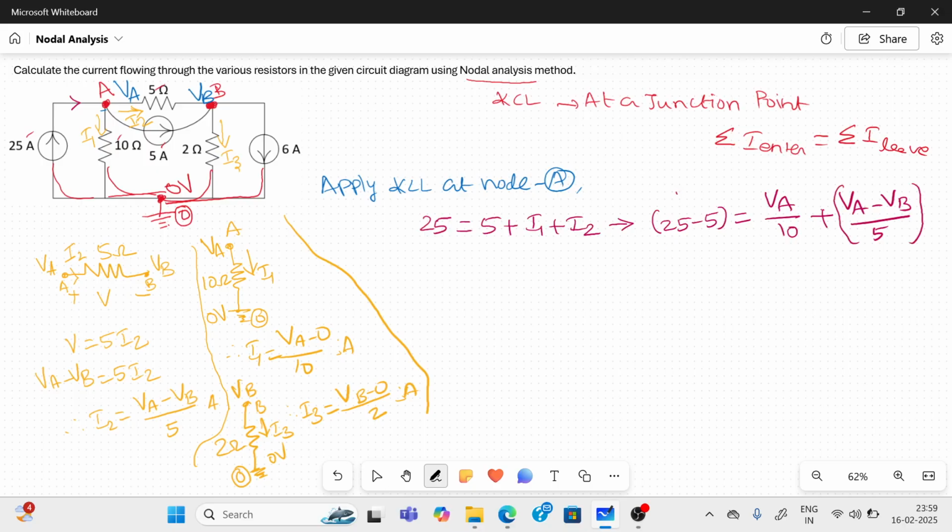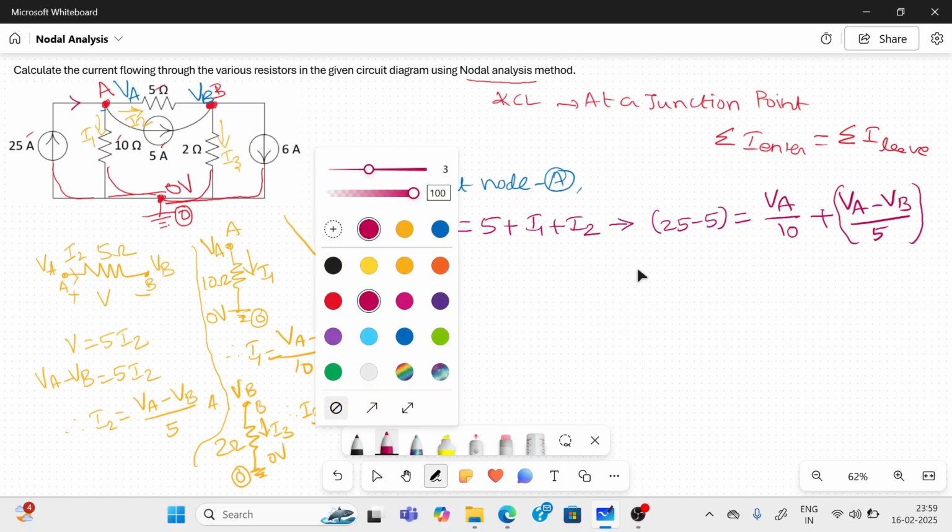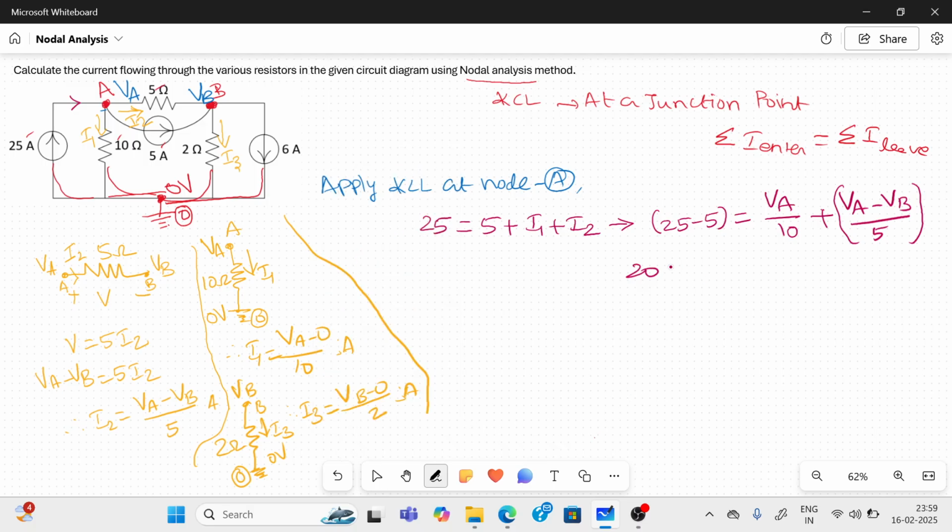Here it is 20. Got it? Don't get confused. This side should be 20 is equal to, taking the LCM, the LCM will be 10.